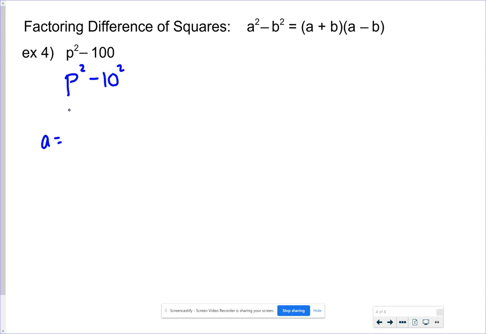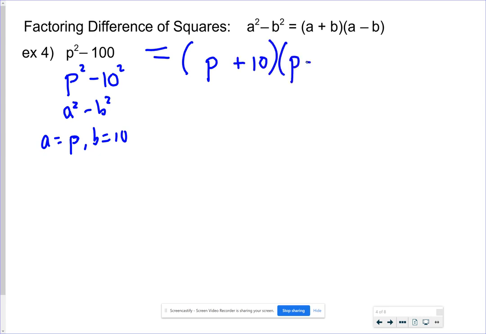This is in the form a squared minus b squared, where a is p, look at the matchup, and b is 10. So I'm going to factor that as a plus b, p plus 10, a minus b is p minus 10.